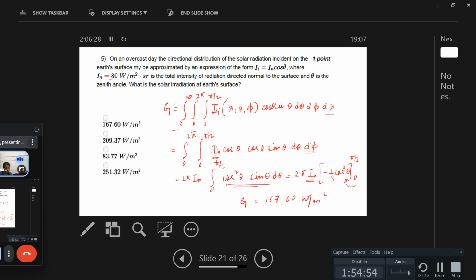So if you write this, cos 0 is 1 by 3 minus cos pi by 2 is 0, so it will be anyway 0.